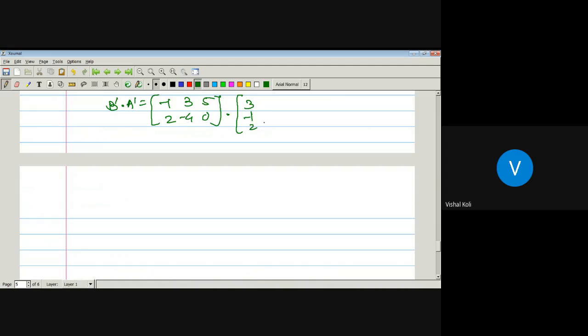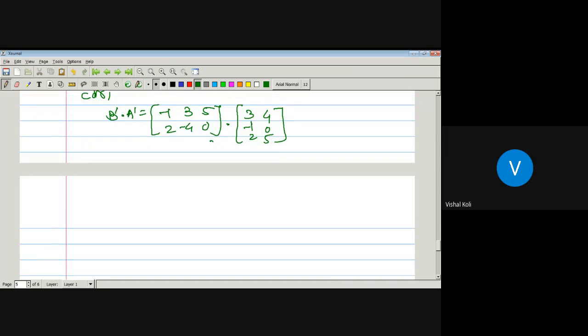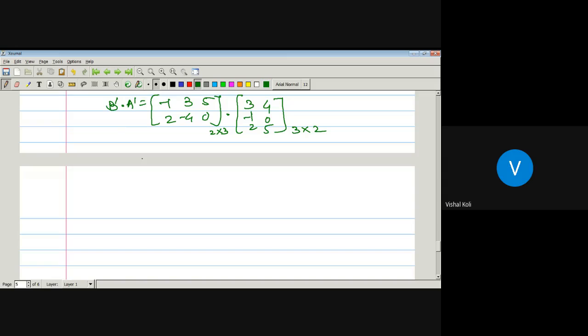So this is a matrix of order 2 by 3, and this is a matrix of order 3 by 2, so B transpose into A transpose is 2 by 2. Multiplying, we get -3 + 3 + 10, -4 + 0 + 25, 6 - 4 + 0, 8 + 0 + 0.